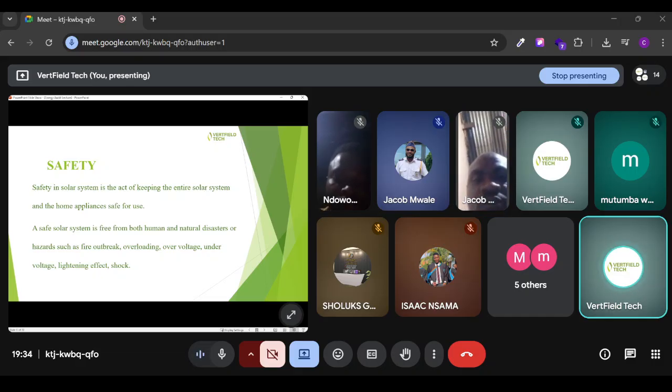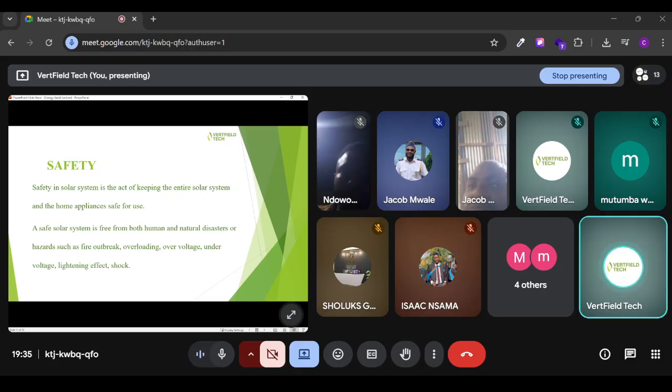When we talk about safety, we are talking about keeping the entire solar system safe and your home appliances. Yes, the entire solar system must be safe. Your home appliances should also be safe at the same time.